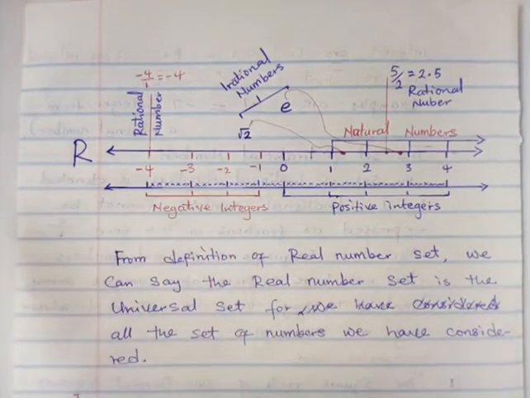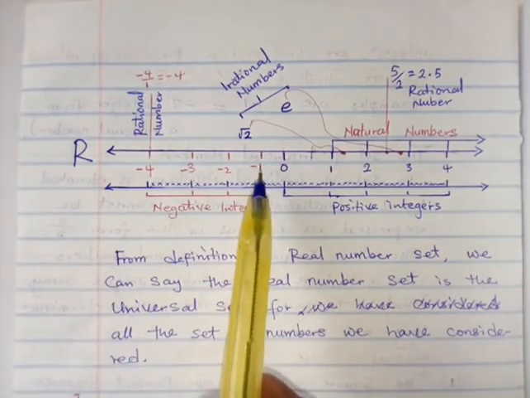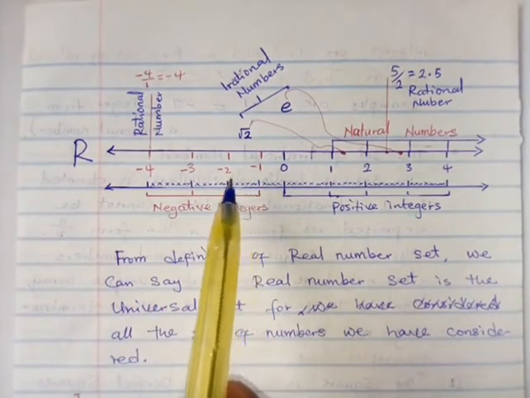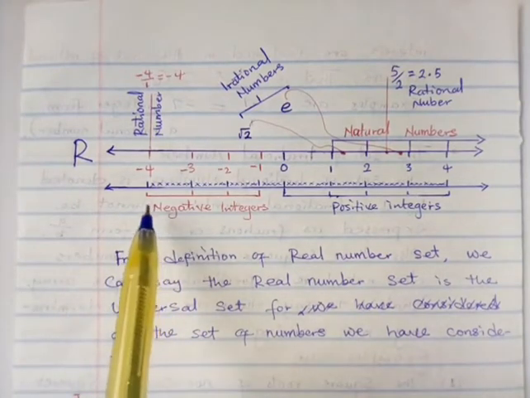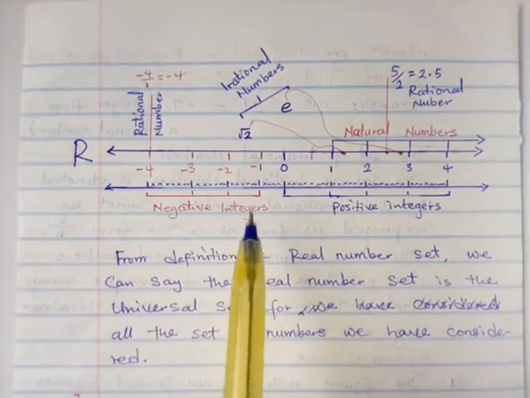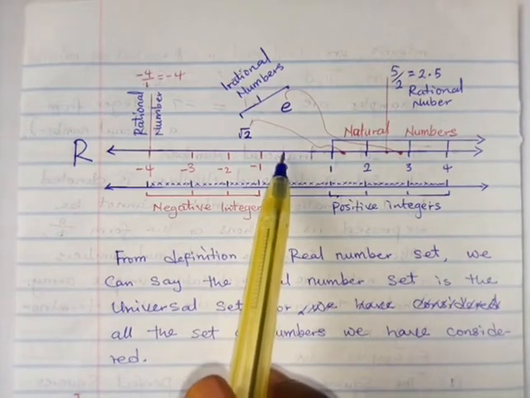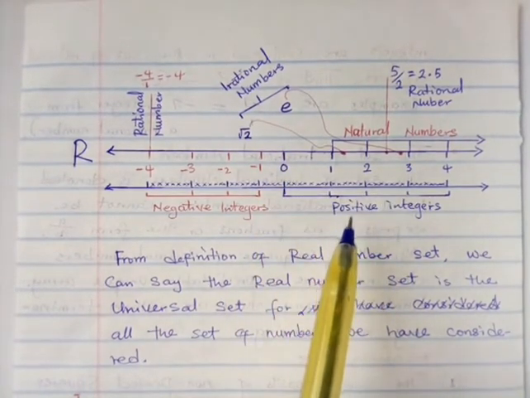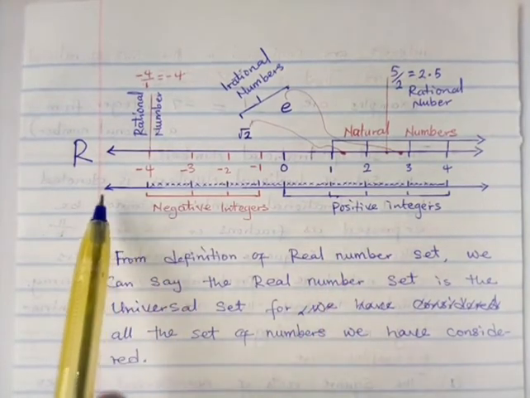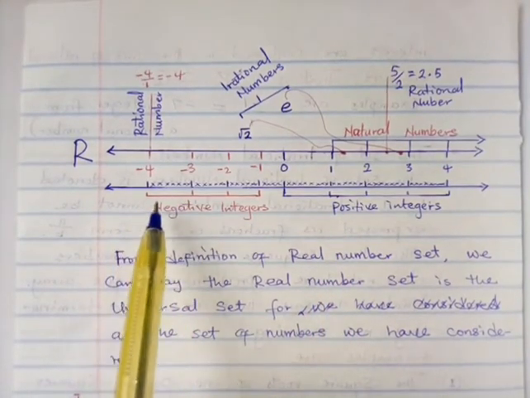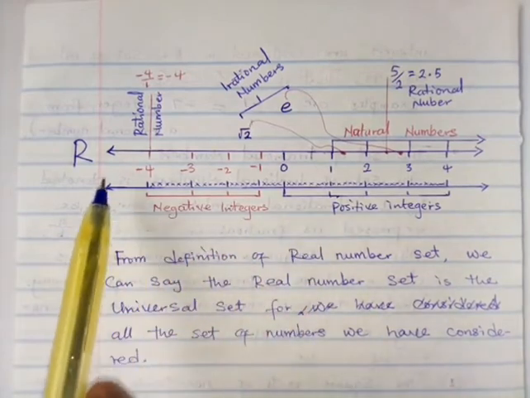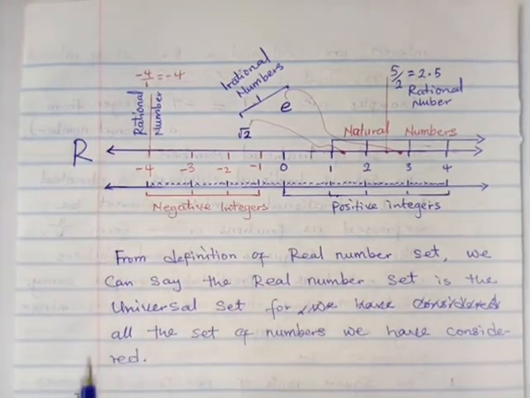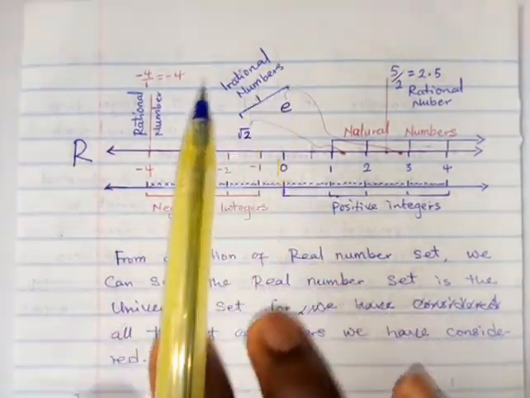So from minus 1 to minus infinity, the whole numbers lying between minus 1 and minus infinity are called negative integers, and whole numbers lying from 0 to positive infinity are called positive integers. It therefore follows that the set of integers is a subset of the set of real numbers.